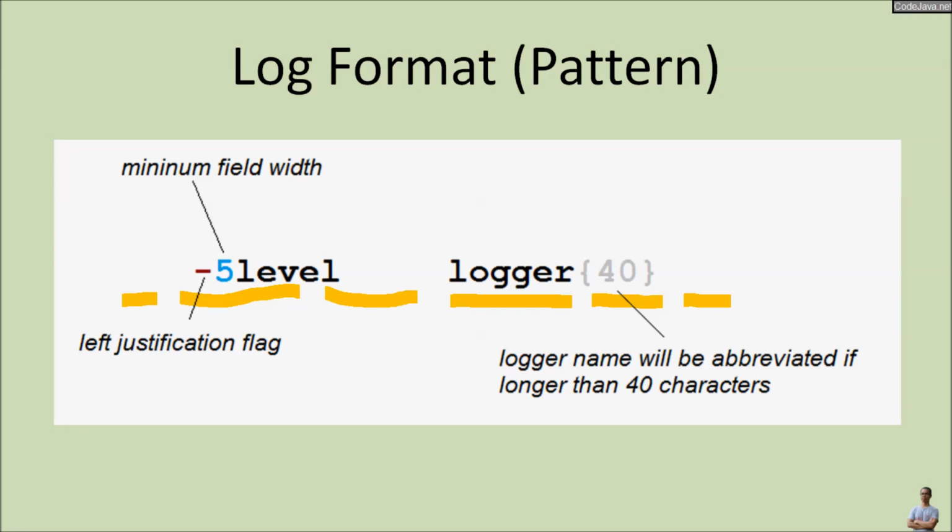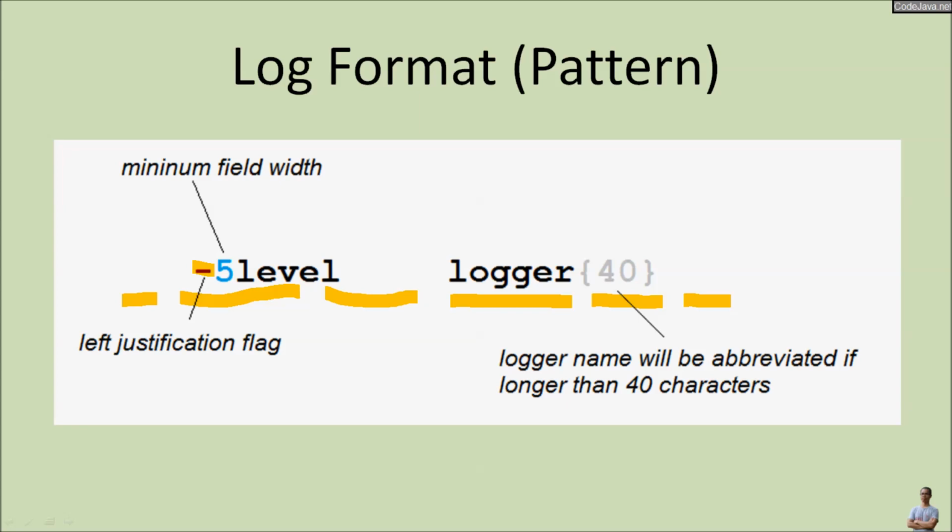Here are some syntax to format the log format to have more readability. We use this left justification flag minus, and then a number to specify the minimum field width.